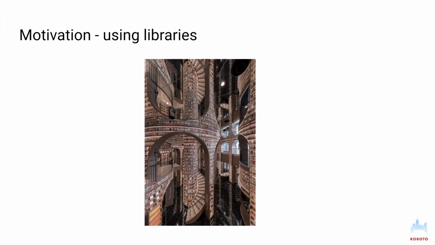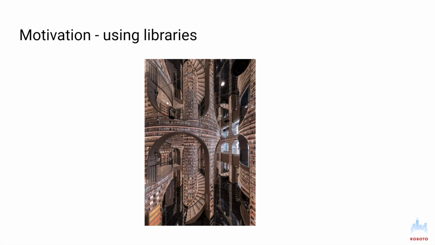Now, using libraries. Libraries provide us code that will be reused across some or most of our features. They will generally be Android libraries that never depend on the features or on the app. They're independent, and they may have dependencies on other libraries.